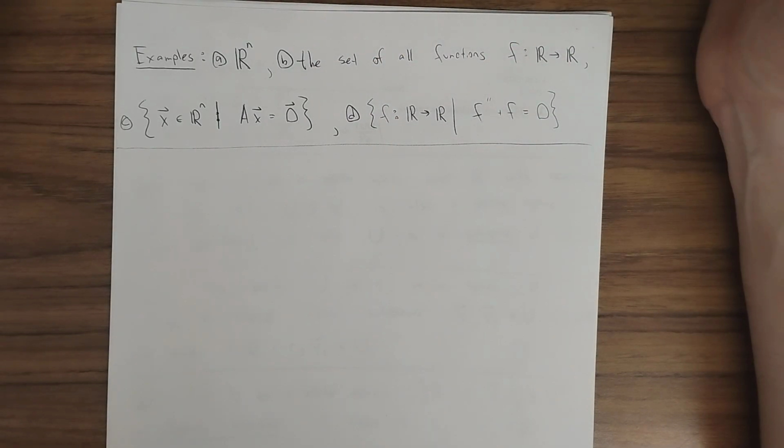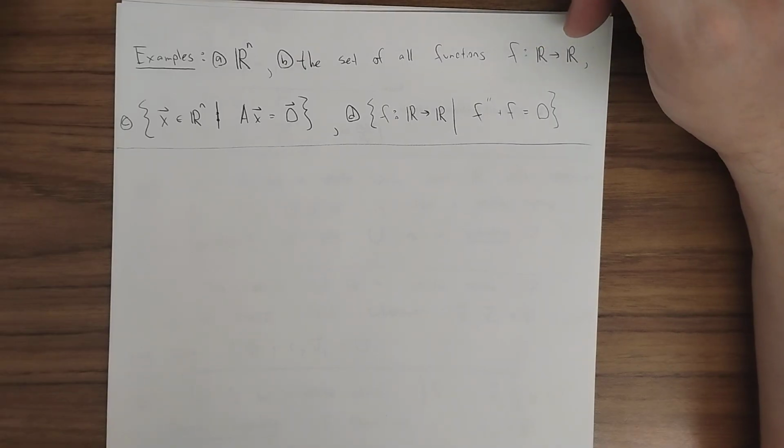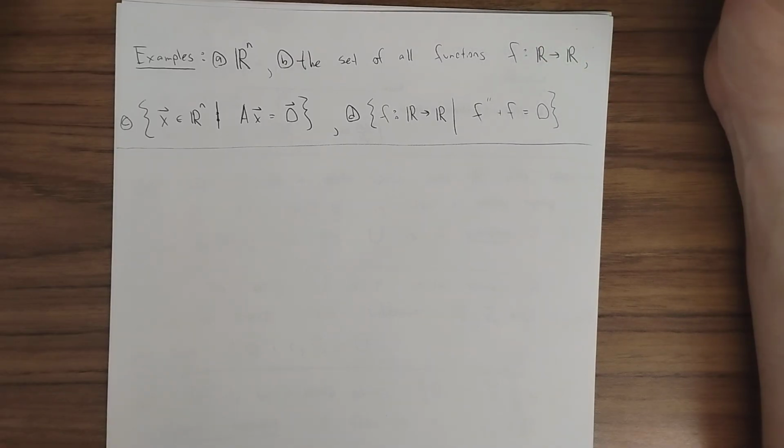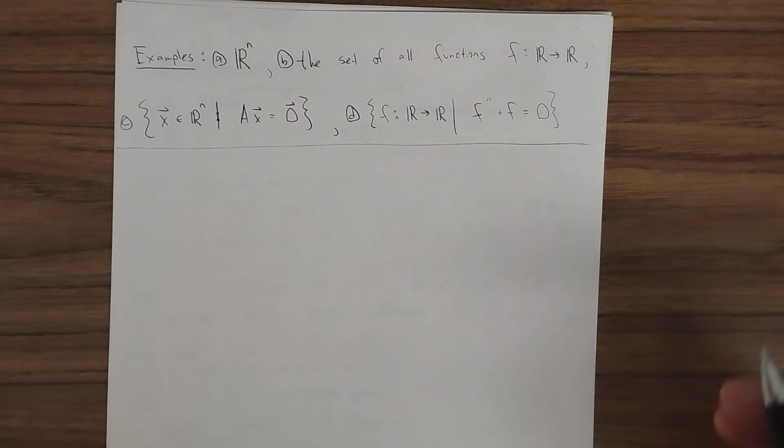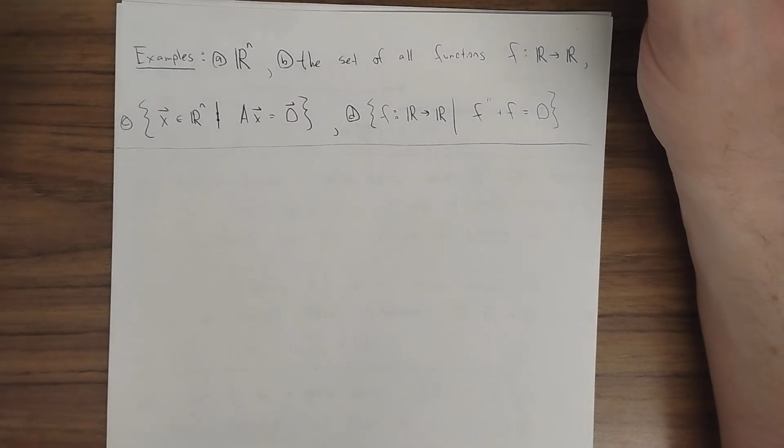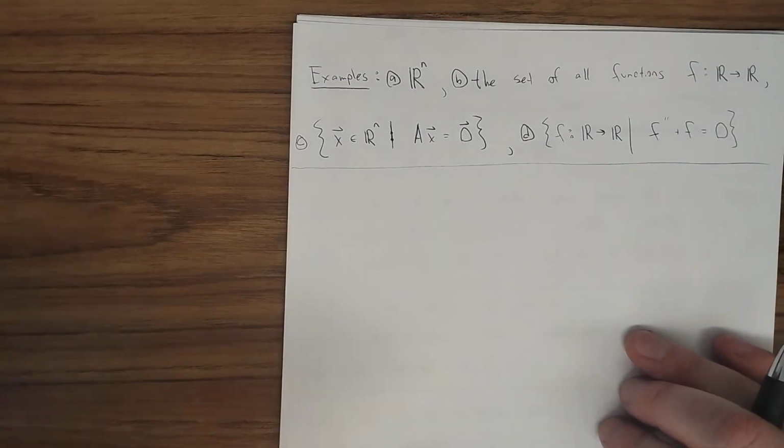So my vector space could be the set of all functions from reals to reals. And so what do I mean by that? Let's talk about some of these properties.